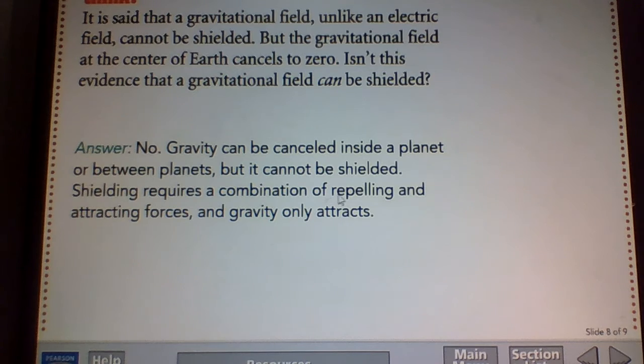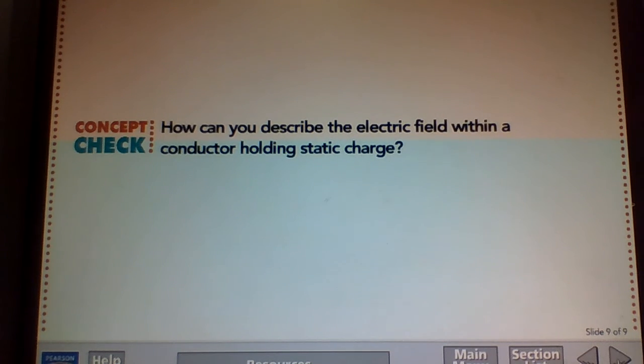That's because shielding requires a combination of both repulsion and attraction. But because gravity only attracts, it can go to zero, but it's not shielded. So how can you describe the electric field within a conductor holding a static charge? It should be zero because it will be shielded.